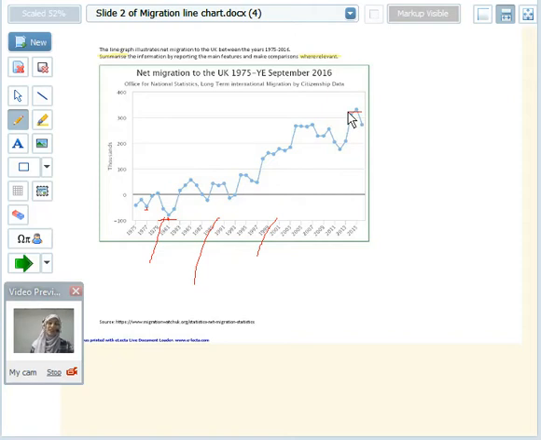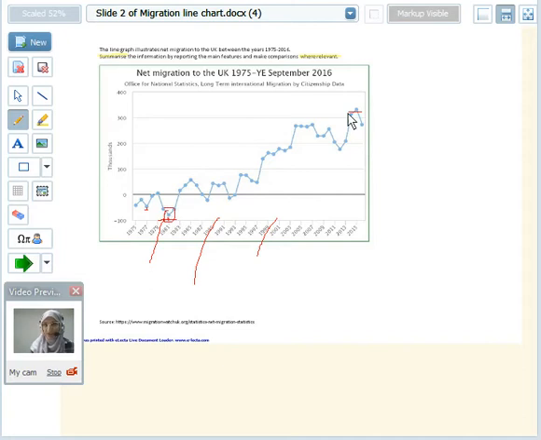So you could say in 1981, net migration was at its lowest point in comparison to 2015, when it was at its highest point. So again, you're just mentioning the most obvious features of this chart. I would actually put that in my introduction.